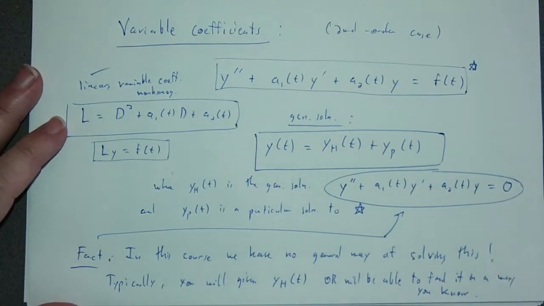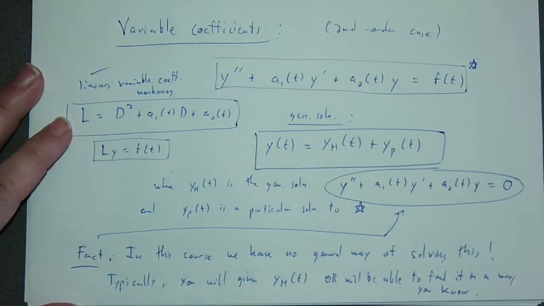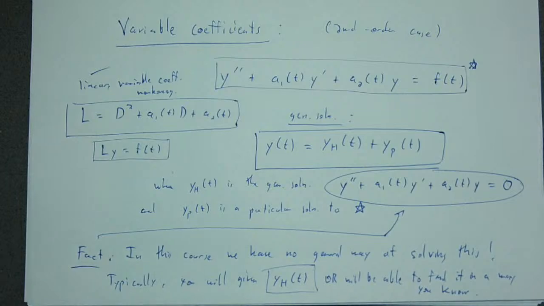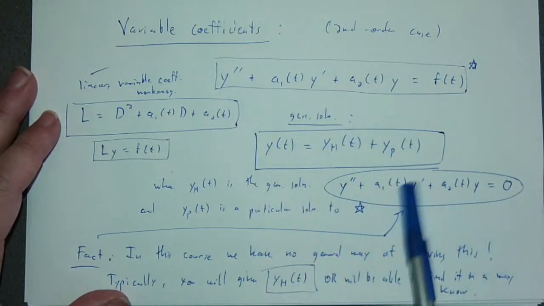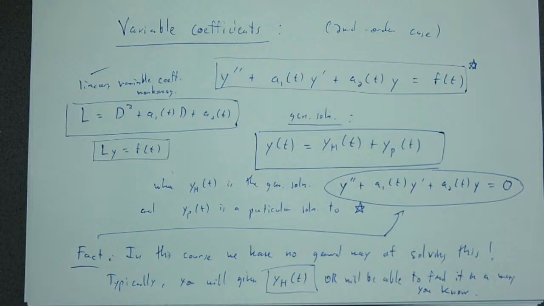Okay, so let's say that I'm given y sub h of t, or otherwise I found it, through divine inspiration, or I just happen to know what it is instinctively. And I've checked and verified that y sub h of t solves the homogeneous equation here. How do I find y sub p of t?